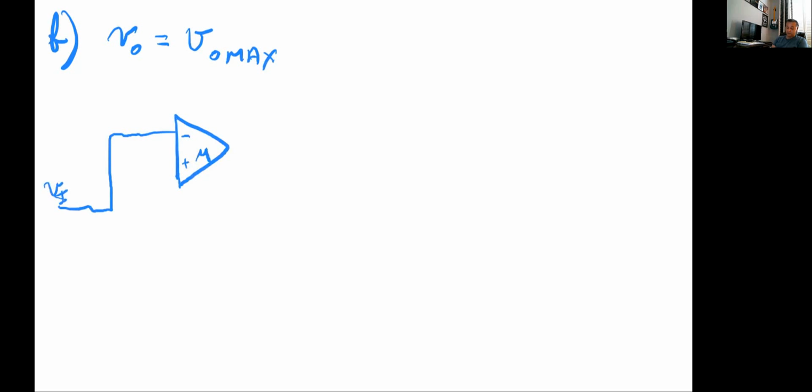Now for the V-out max, the V-in is the corresponding V-in max. And so here we have the N part. We're not going to draw that, but we do want to draw the P channel part.